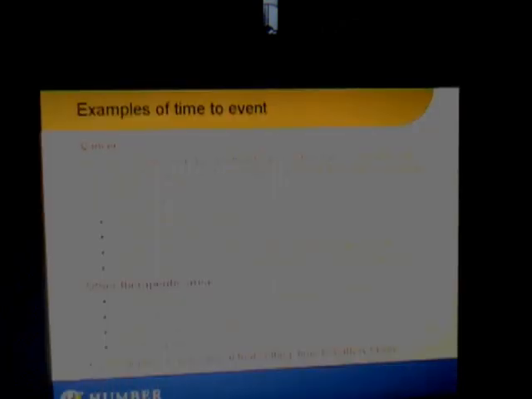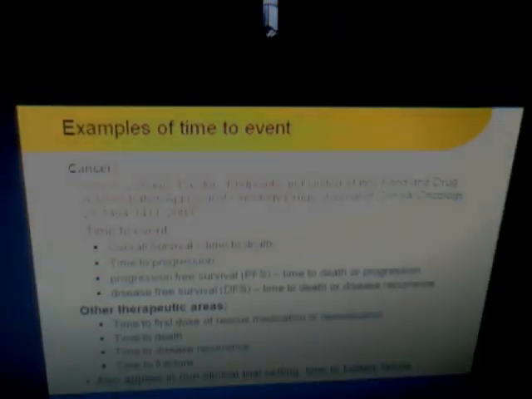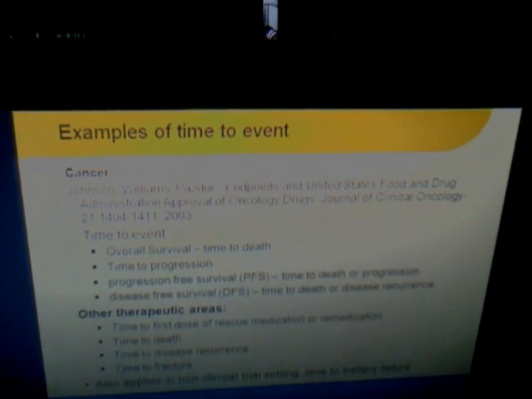Let's just talk about survival analysis. So, some examples of time to event on the first slide. The reference there is an FDA document that talks about requirements for endpoints in looking at oncology drugs.